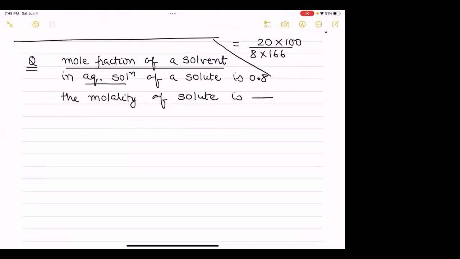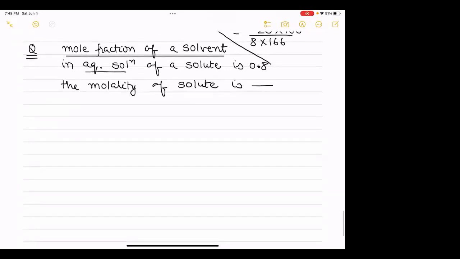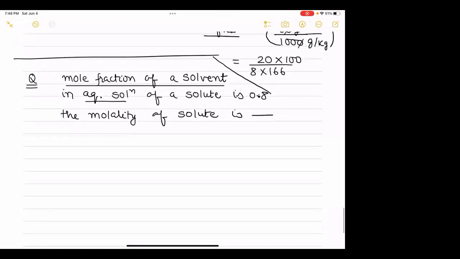Memuna, are you trying it? Yes, sir. Sir, is it 13.88 mole per kg?